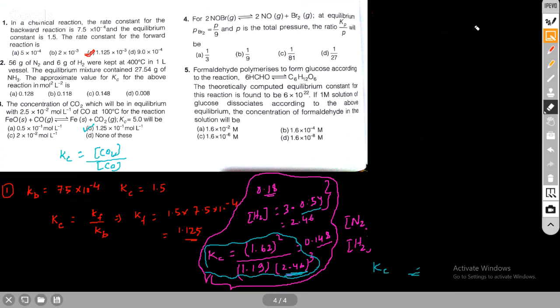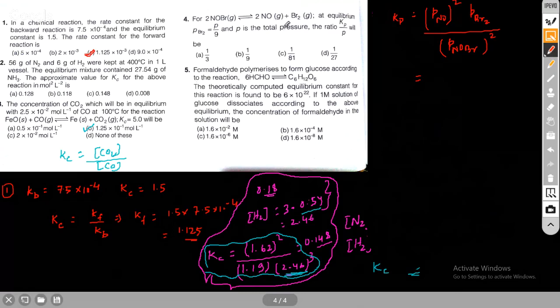Expression for Kp for this reaction will be what? Pressure of NO square, pressure of Br2, divided by NOBr square. Right? So pressure of Br2 is P by 9 at equilibrium.